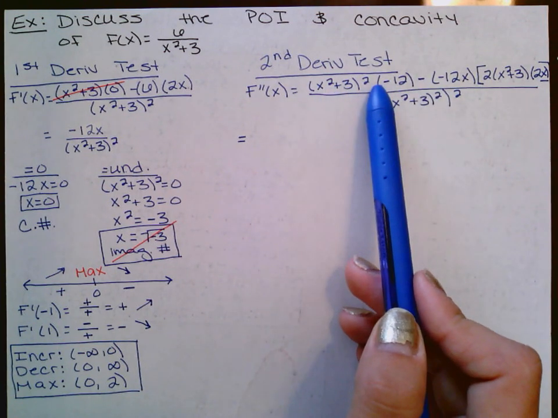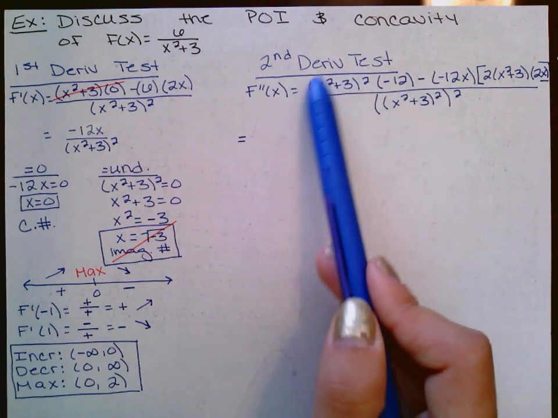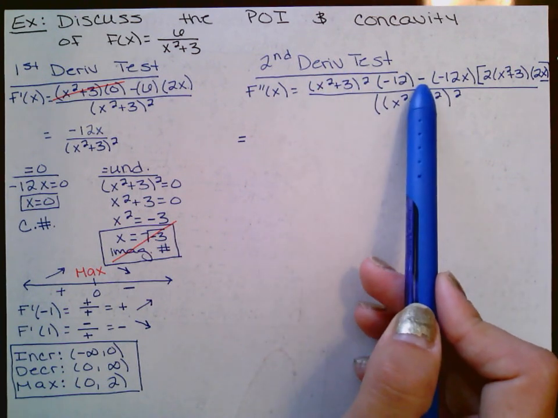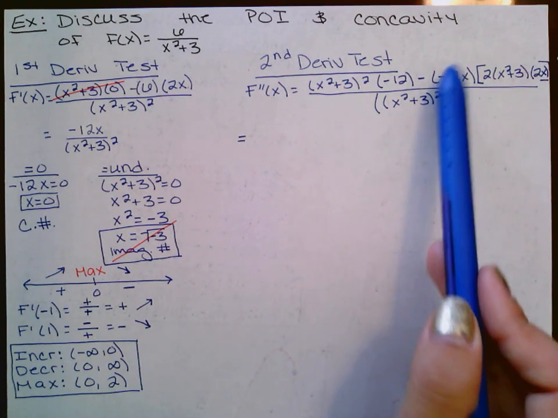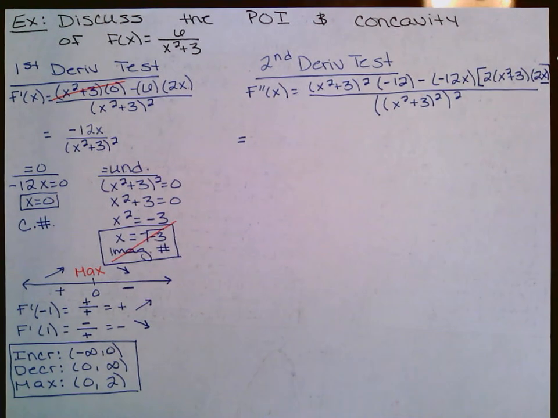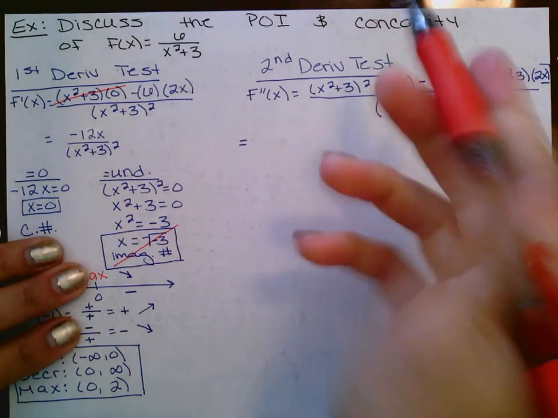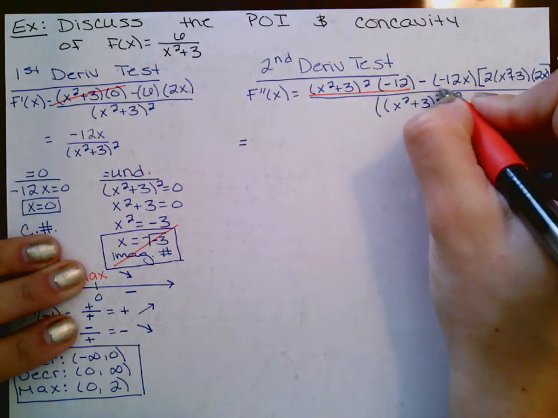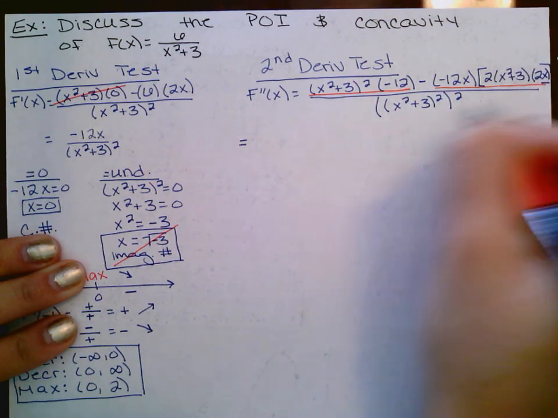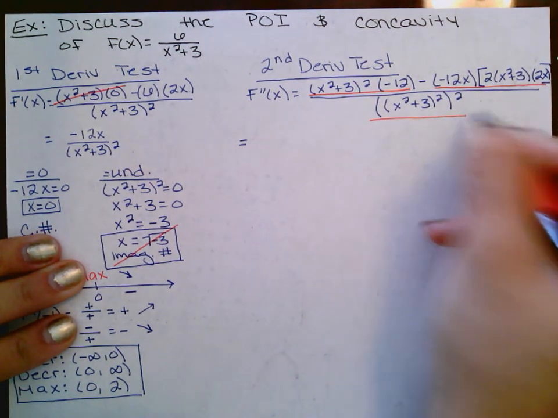So for example, low d high is one term, all of this being multiplied, minus high d low, all of this being multiplied, is a second term, and then my denominator is its own term. So I'm going to underline according to term. Here's one term, here's a second term, and here's the third term.